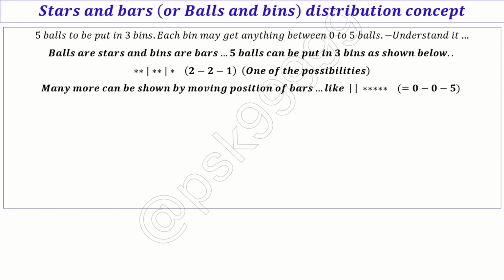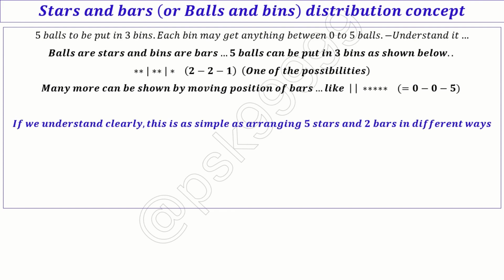Now, how to solve this problem is very simple. I have 5 stars here, and 2 bars that I should place in between, and they can be anywhere. So how many places do I have? I have a total of 7 spots, 5 stars and 2 bars.